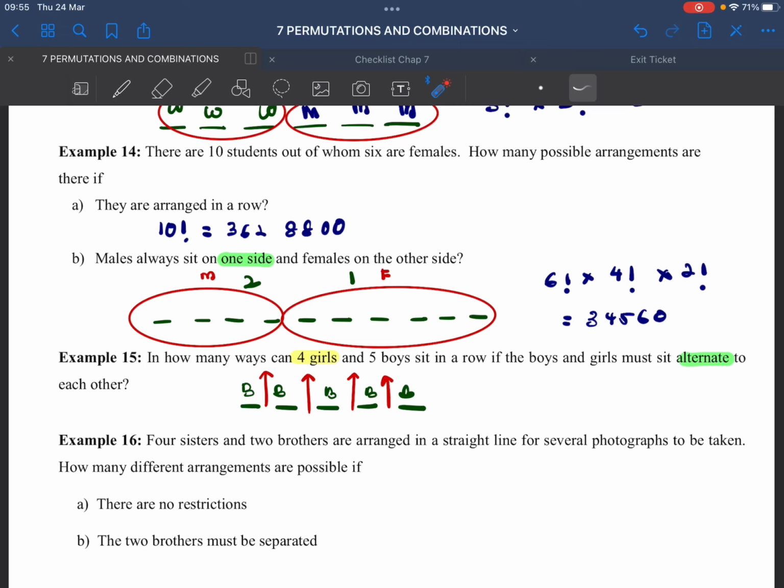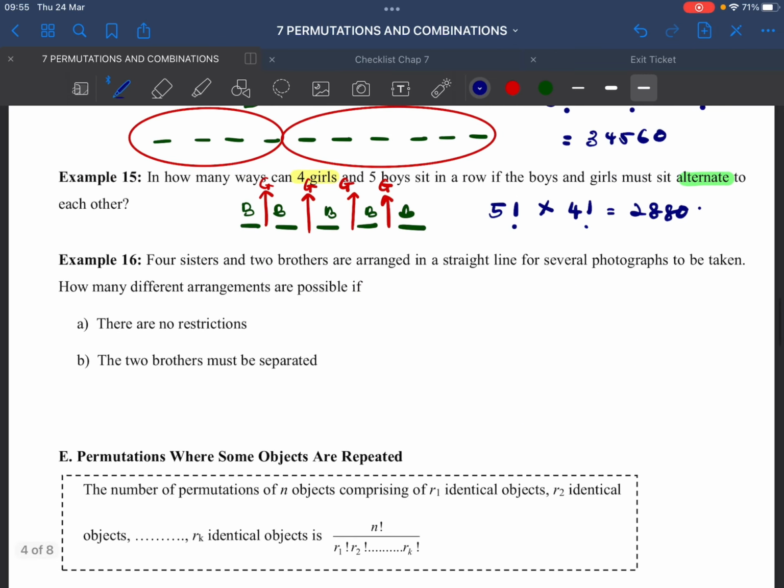So, what we have to do, so yang boys 1, 2, 3, 4, 5 boleh bertukar tempat. So that's gonna be 5 factorial. And the girls also is gonna be 4 factorial. And that's gonna be 2880. Okay, so that's it.